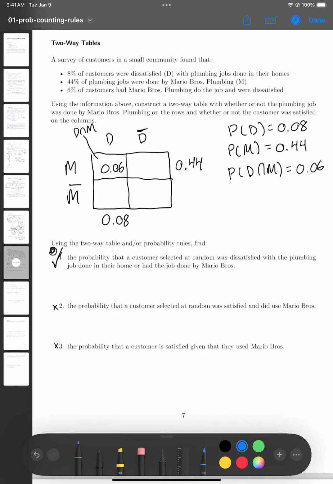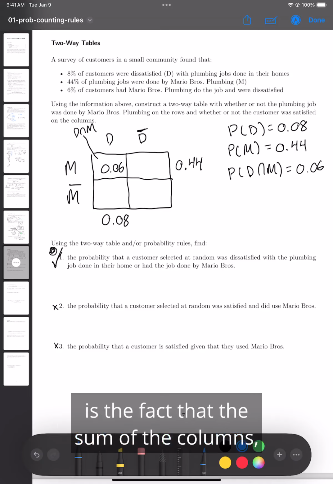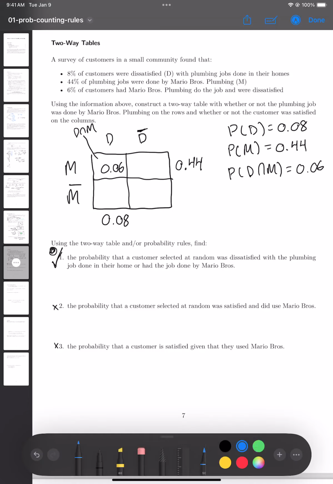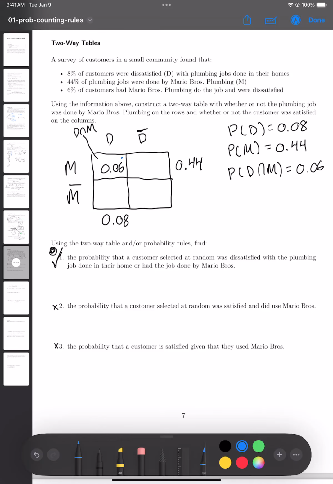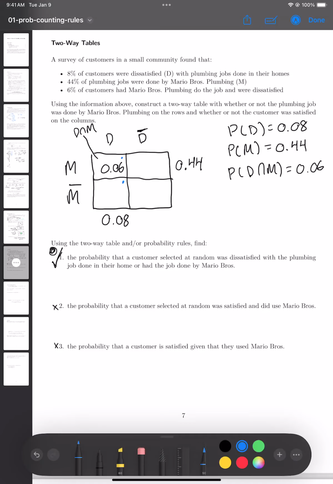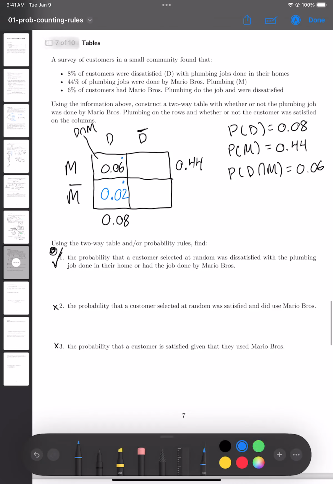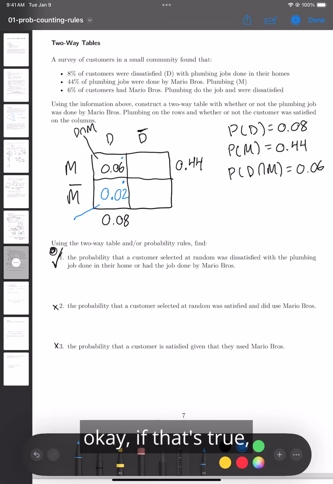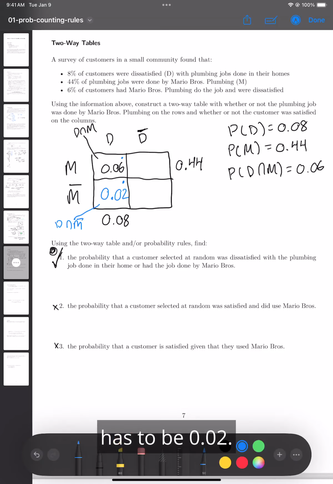And really what you're taking advantage of here is the fact that the sum of the columns, so this cell that I just put a little dot next to there, and this other cell, those have to sum together to be 0.08. And so that lets us figure out that D and M complement, the probability of that has to be 0.02.